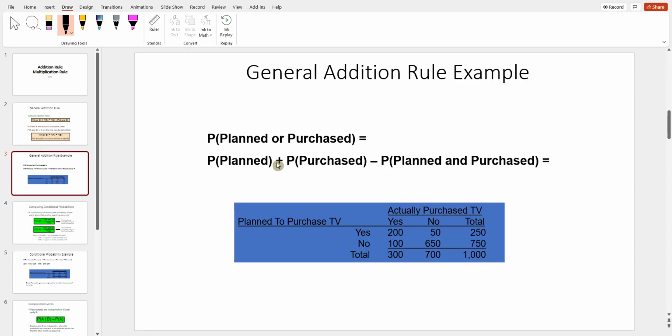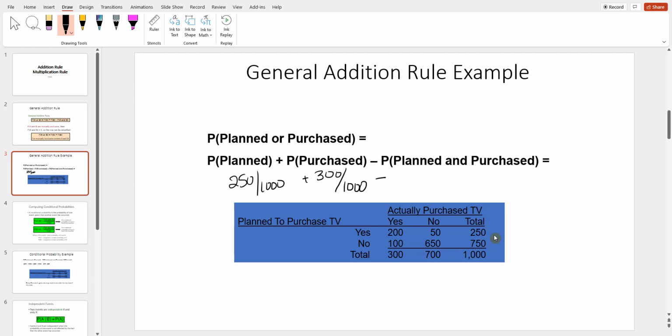For example, let's say you wanted to calculate the probability that you planned or purchased. We looked at this example before. So in order to calculate this, we would calculate the probability that you actually plan to buy a TV. That would be 250 over 1,000. Then the probability that you actually purchased a TV, which would be 300 over 1,000.